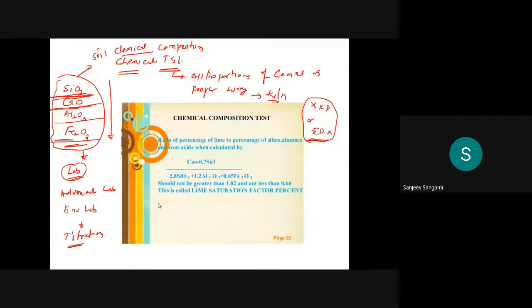Then alumina, that is Al2O3. Then Fe2O3.